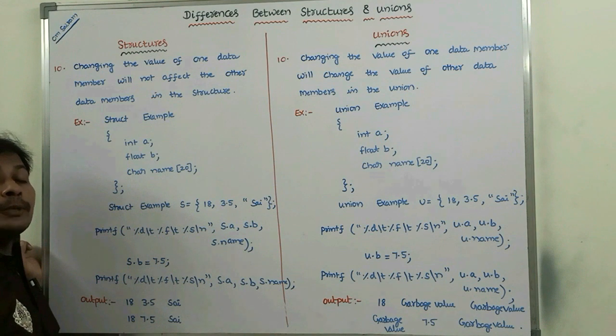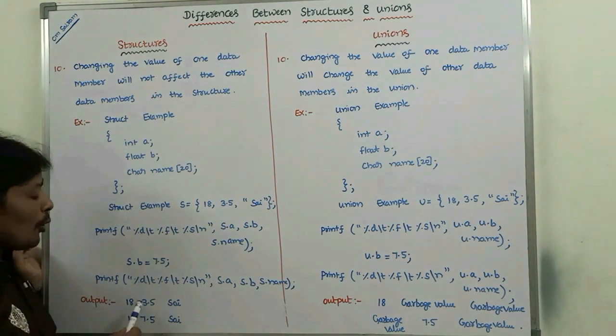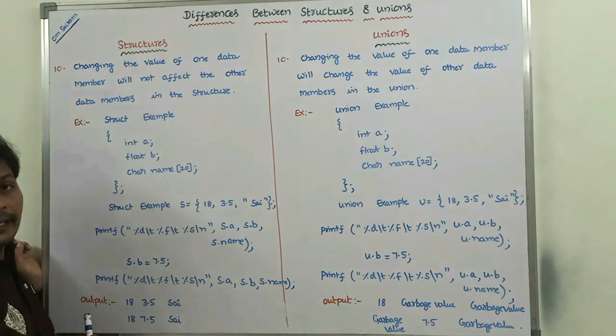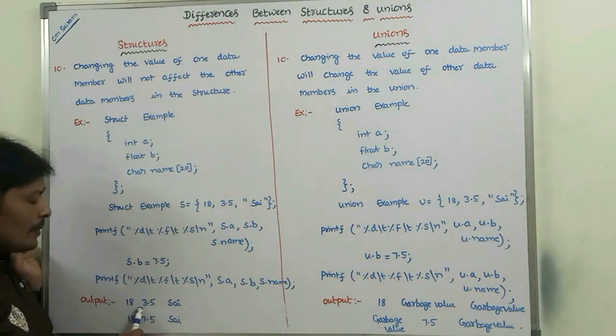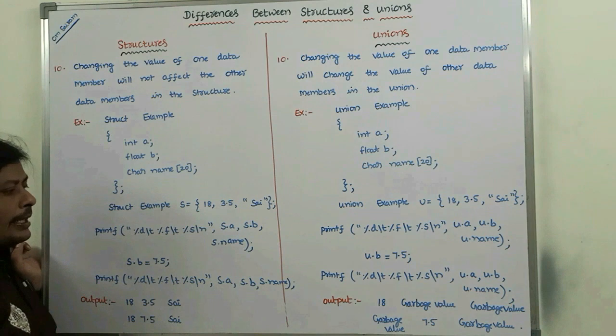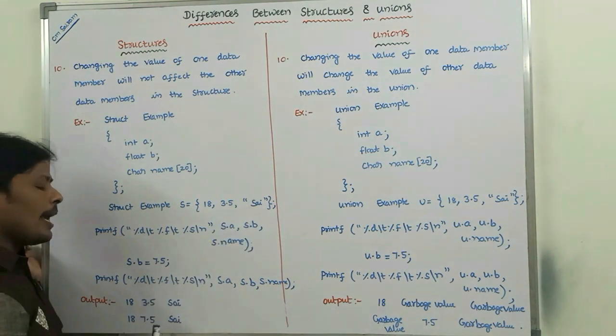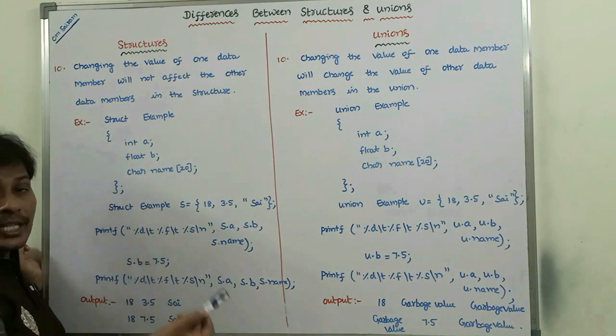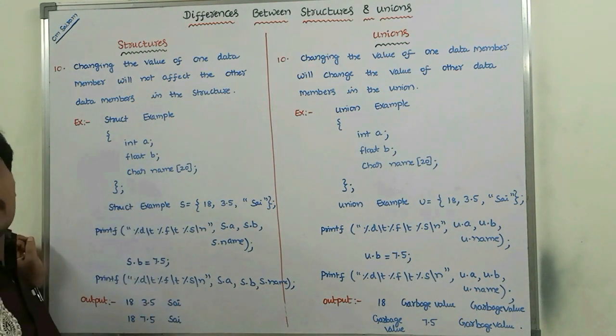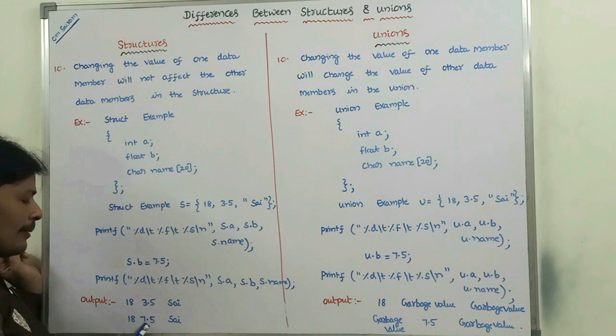Whatever the value that is modified, that modified value is printed. So in the place of 3.5, the modified value 7.5 is printed. Next one is Sai, as it is printed. Whatever the data member we are changing its value, that modified value will be printed.